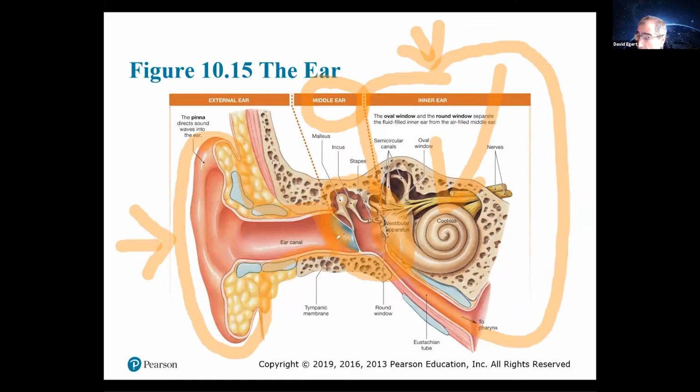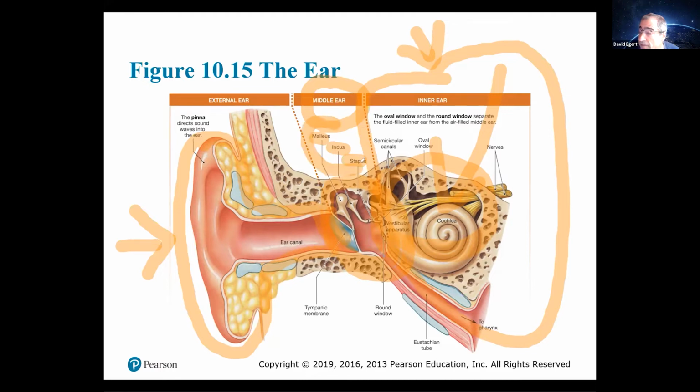If you try to just send the vibration from the air directly into the inner ear where the hair cells are, most of the energy would just bounce back. The middle ear has these little bones, the incus, the stapes, the malleus, also known as the anvil, the stirrup, and the hammer.